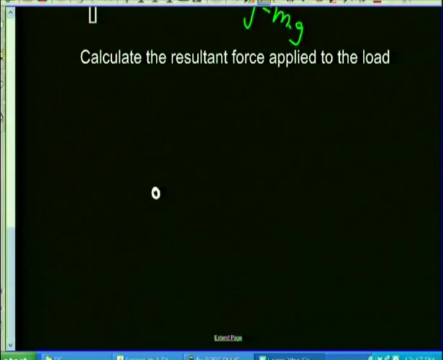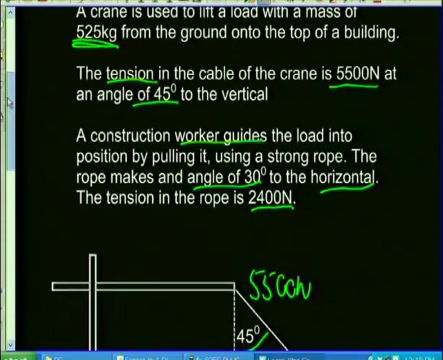There's the dot, and we now recognize that we've got a force downwards. That force vertically downwards is Fg. We'll calculate that by using its mass times the acceleration due to gravity. Let's just get that done right away. So we've got it. The mass was 525 kilograms.